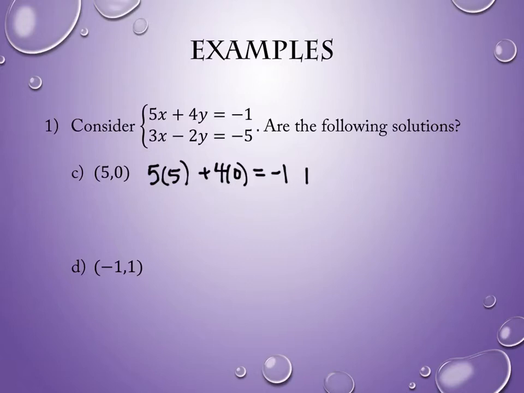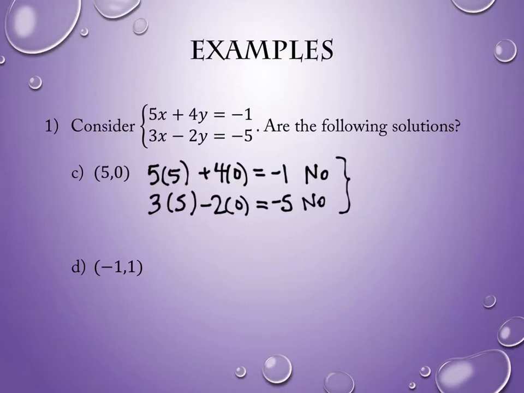No. Thank you, Connor. No, that doesn't work. It actually doesn't work in the other one either. 3 times 5 minus 2 times 0 also does not equal negative 5. So it could be that the point doesn't solve either equation. That doesn't really make it any more of a problem. It still just means that it's not a solution, because we're looking for a solution to the system.